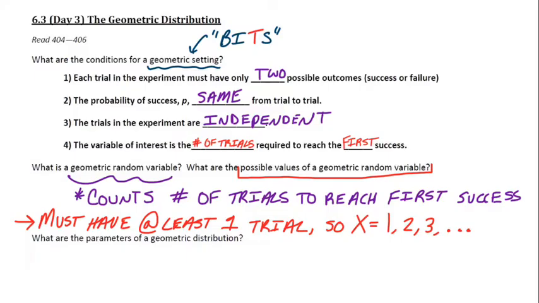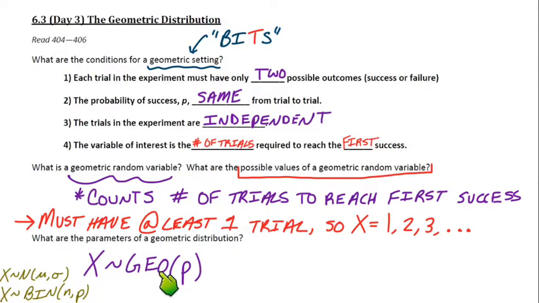So what are the parameters of a geometric distribution? And just as a reminder, if x was a normal random variable, the two parameters would just be mean and standard deviation. We're used to those. And then for binomial, it was n and p. So the notation for geometric, we could say x is a geometric random variable, and the only parameter we really care about is p.